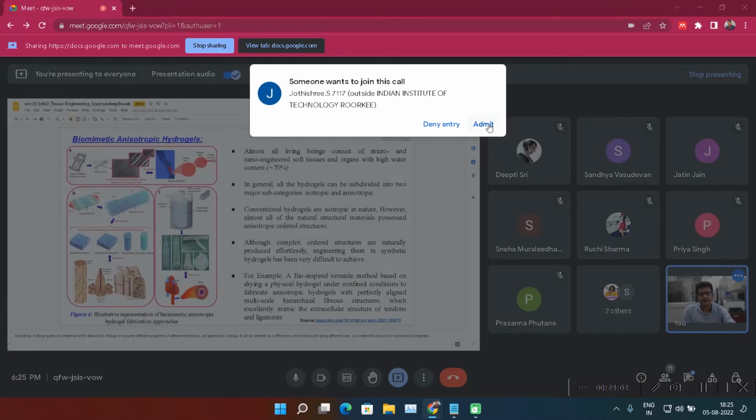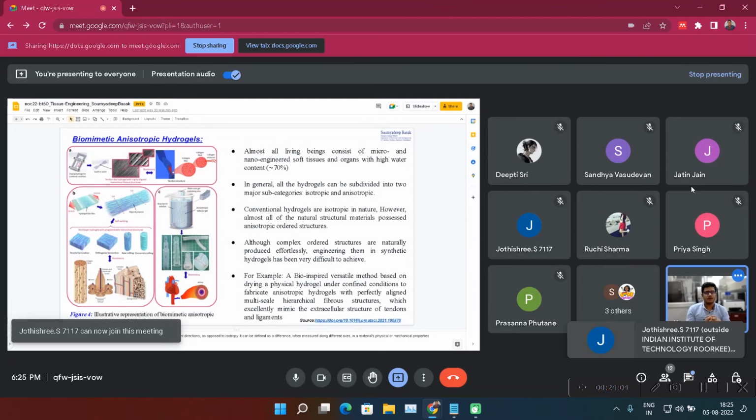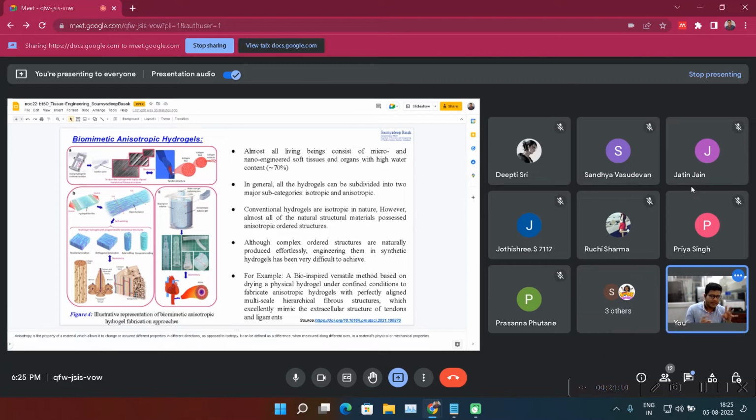So I want to talk about biomimetic anisotropic hydrogels. Why? I'll tell you. See, what are the different kinds of hydrogels we are studying? These are all regular in nature.